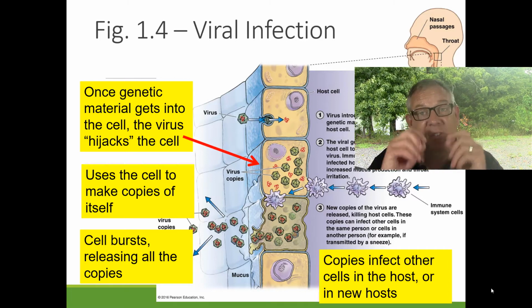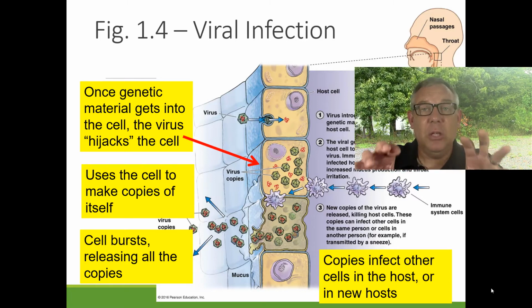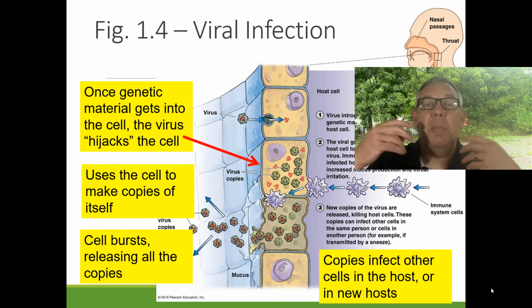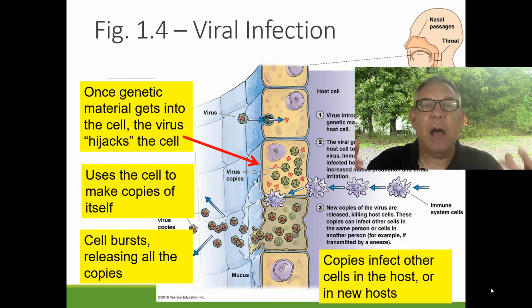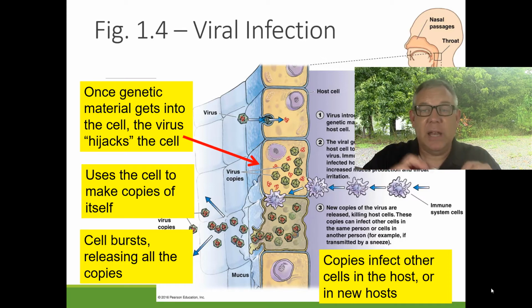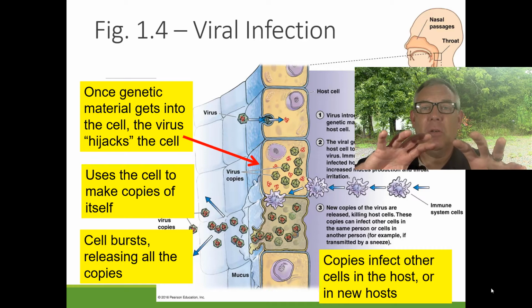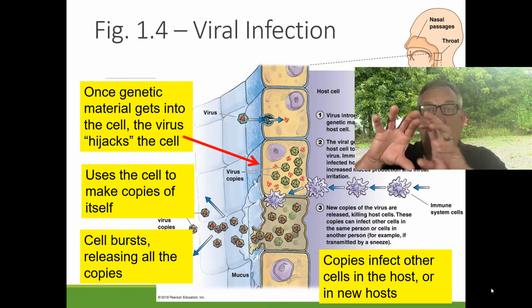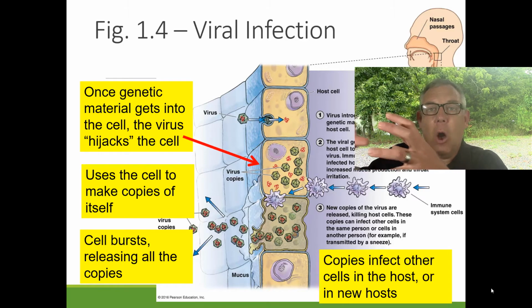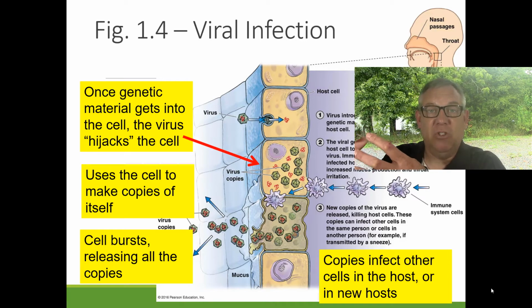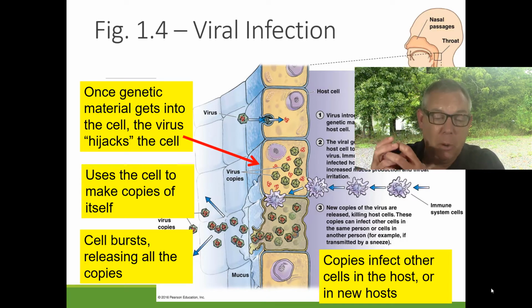It's figured out a way to sneak into the host cell and then use the host's mechanisms to make thousands and tens of thousands of copies of itself. And so it copies all the DNA thousands of times, and it makes a whole bunch of protein coats, and then it repackages all those new copies of the genetic material inside all these new protein coats.